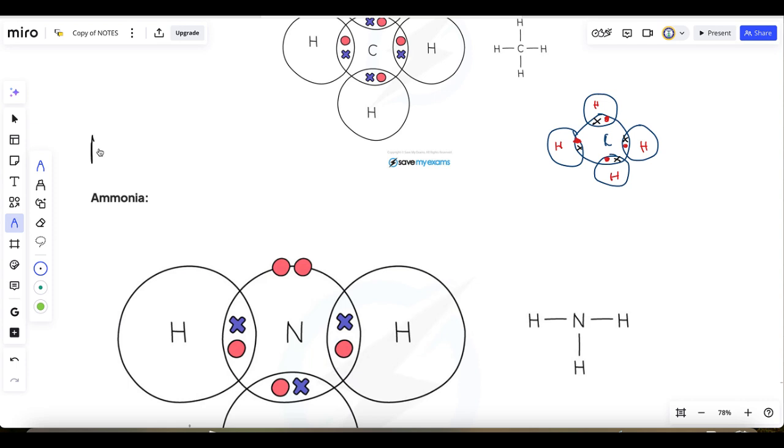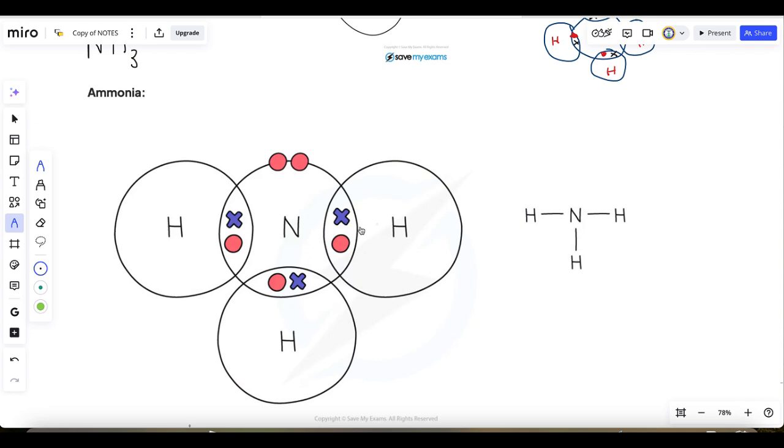For the case of ammonia, remember, ammonia is NH3. So meaning 1 nitrogen atom is bonded with 3 hydrogen atoms. Okay, with 3 hydrogen atoms. You can draw this whichever way you want. You draw 1 nitrogen. You know nitrogen has 2,5, right? So meaning it has 5 to bond with. Out of those 5, it's going to give 1 here, 1 here, 1 here.